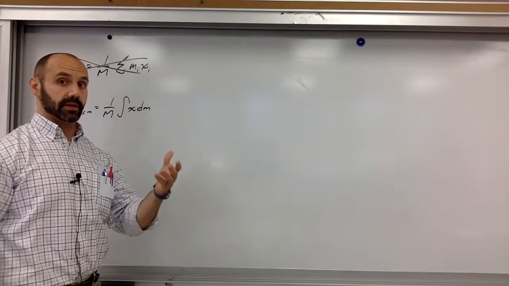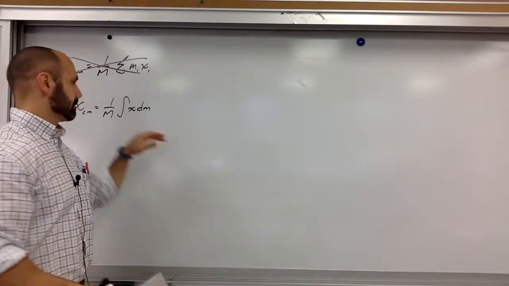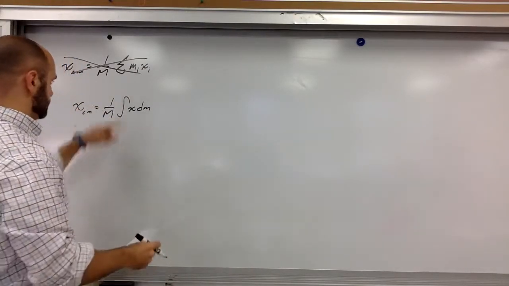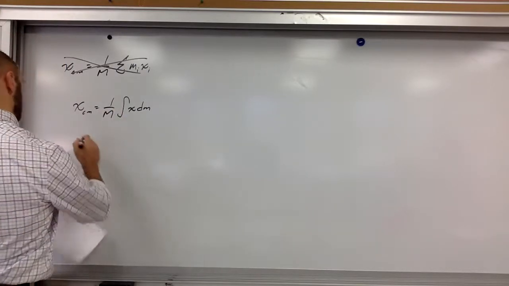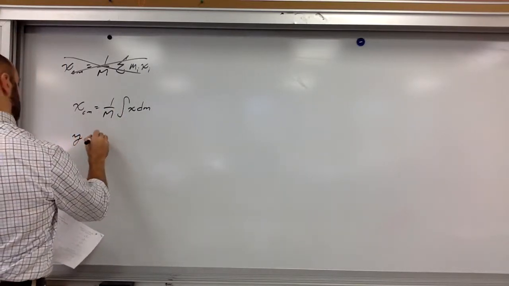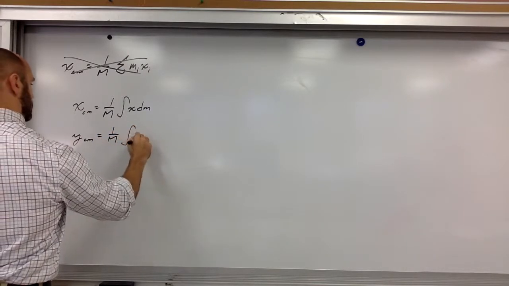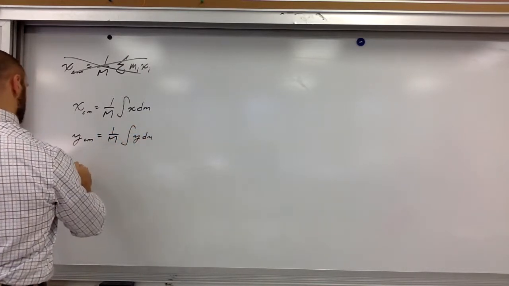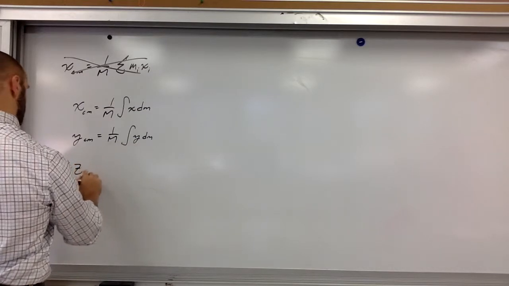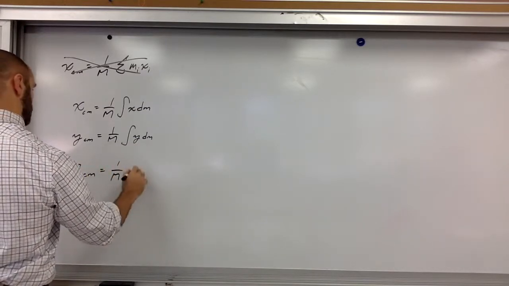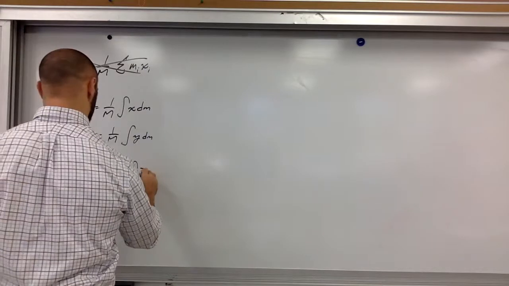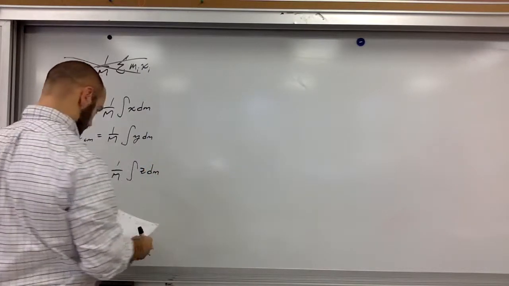It's still a multiplication, since we're adding things up. That's what the integral is about. And so then for y, it works the same way. The y coordinate of the center of mass, we get this way.